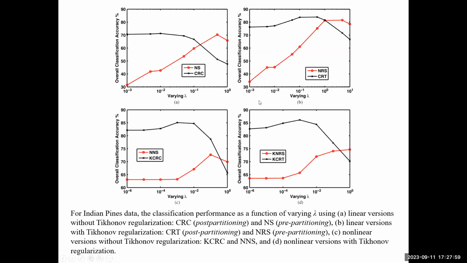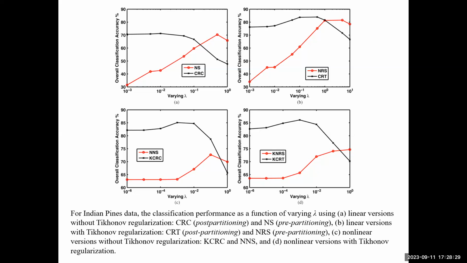So here is some analysis, because the one I just mentioned is a basic version, but we can have different types of versions. For instance, when we do the representation, we can do pre-partition, which means we do it class-based: for each class, we find this representation, rather than putting all the class samples together.